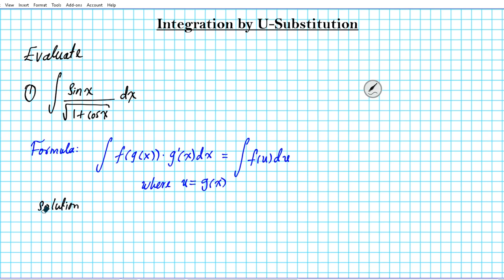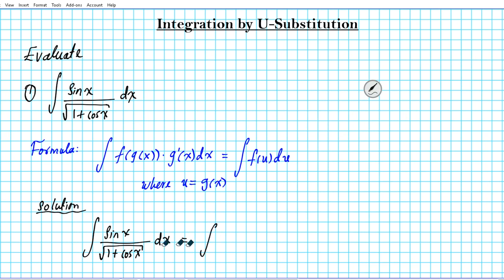So we have to evaluate the integral of sine x divided by the square root of 1 plus cosine x. One thing to keep in mind is that the way you express your integral makes it very easy to carry out this U substitution process. I'm going to write this integral as the composite function times the derivative of the inner function, so I'm going to separate it.